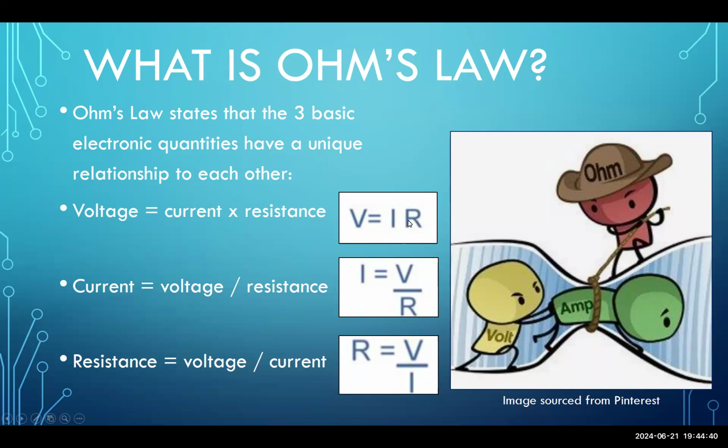By having the I and the R, it infers that they are to be multiplied. So V is equal to I times R. Current is calculated as voltage divided by resistance. So I is equal to V over R, whereas resistance is calculated as voltage divided by current. So R is equal to V divided by I.